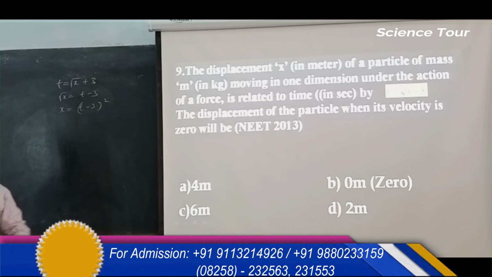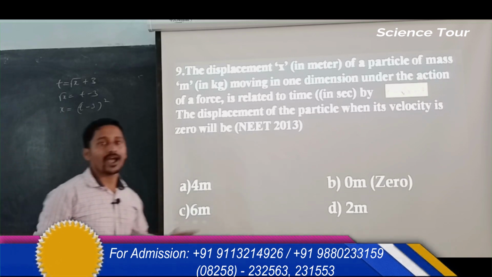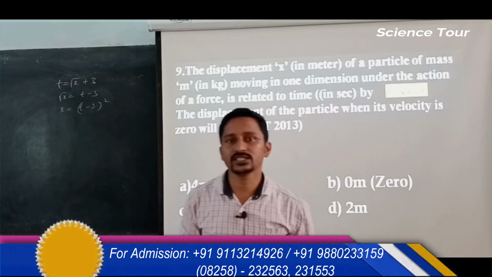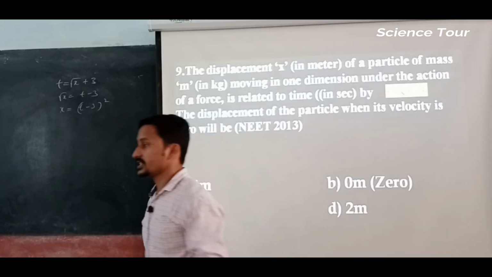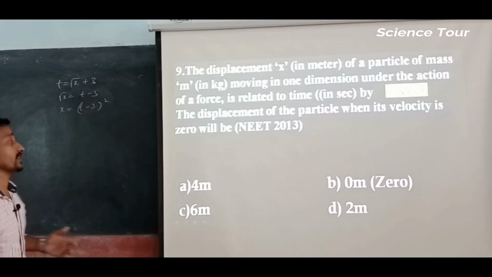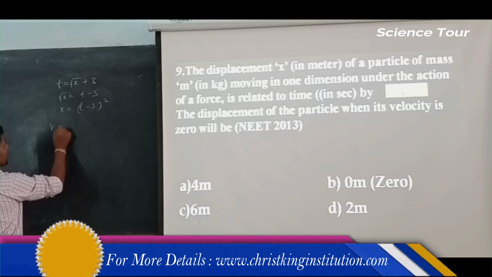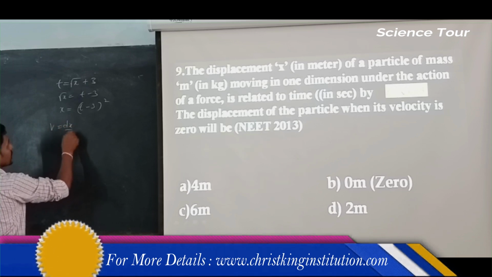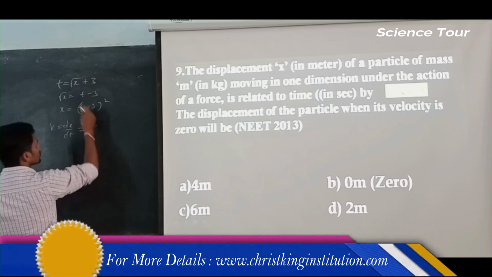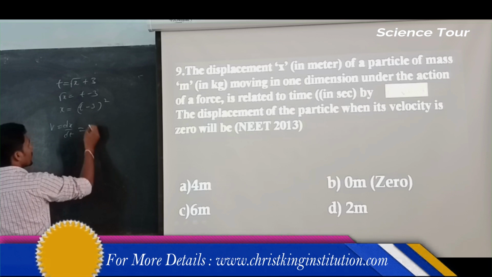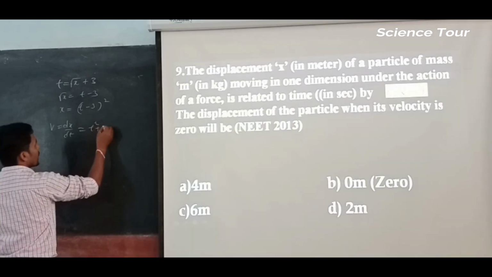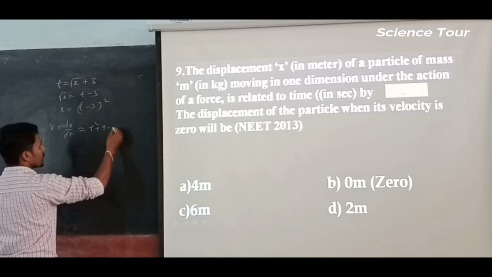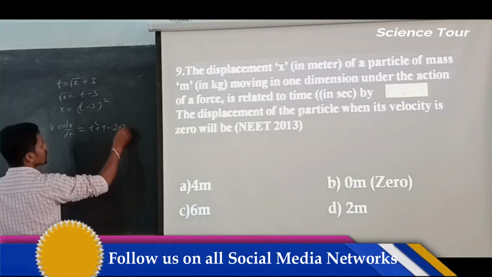Now the displacement of the particle when velocity is 0. Do I know at what time the velocity is 0? I don't know. So I have to find the general velocity expression. How can I find it? v equals dx by dt. Expanding, t square plus 9 minus 2 into 3 into t.